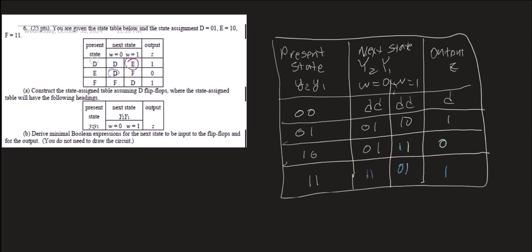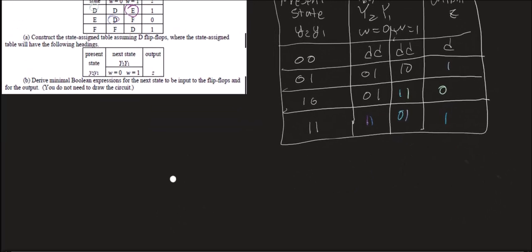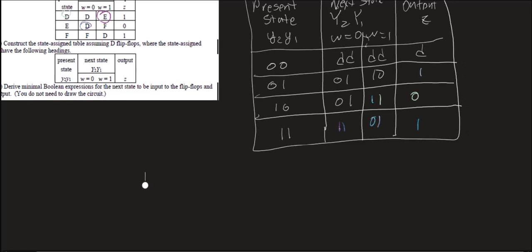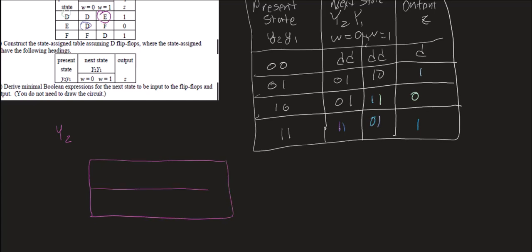So let's start with y2. And it depends on y2, y1, and w. W can be 0 and 1, y2, y1 can be any of these things, and 0, 0 was our don't care. I'm looking at y2.